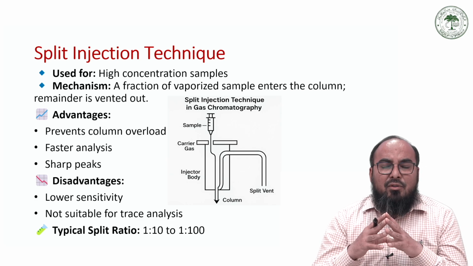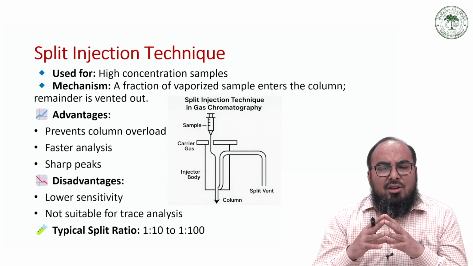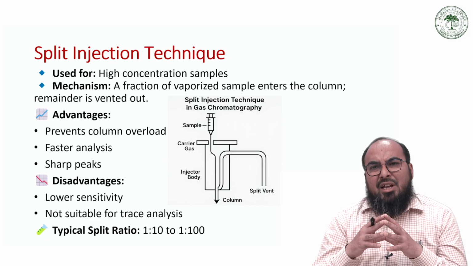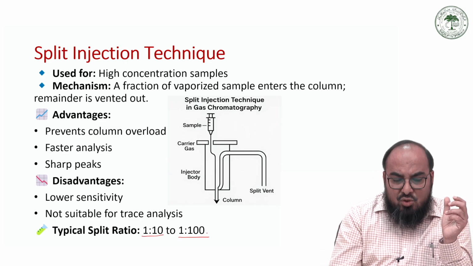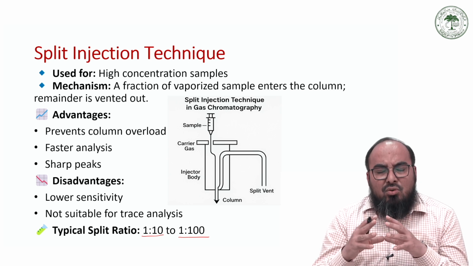So it is good for analyzing high concentrations, and the good thing is that here you can use a split ratio technique. That is, you can use 1:10 or 1:100. And what is 1:10 and 1:100?